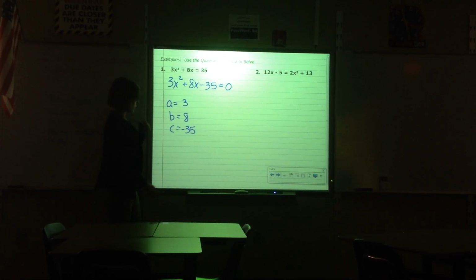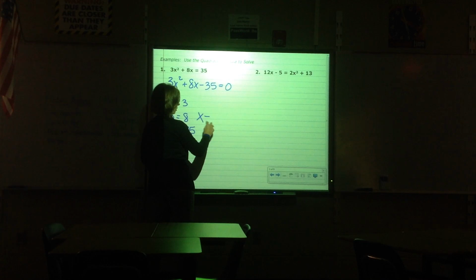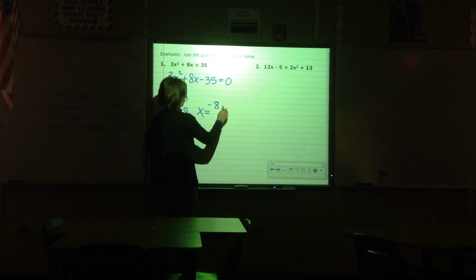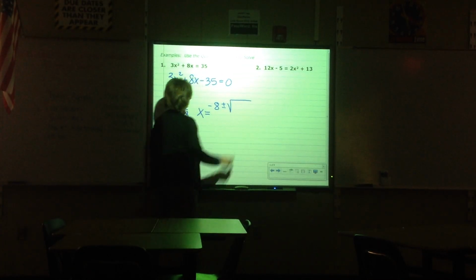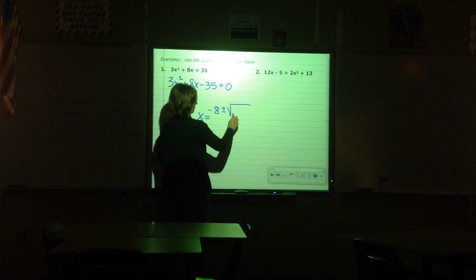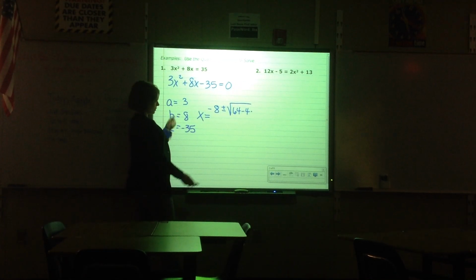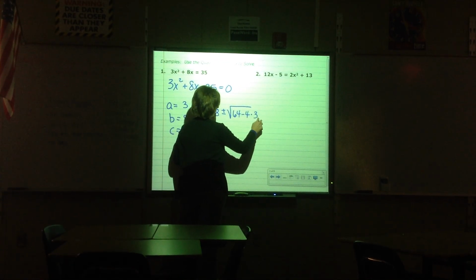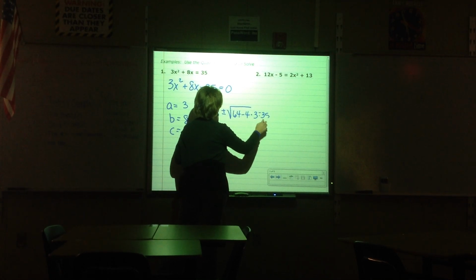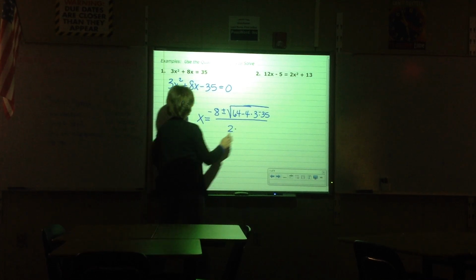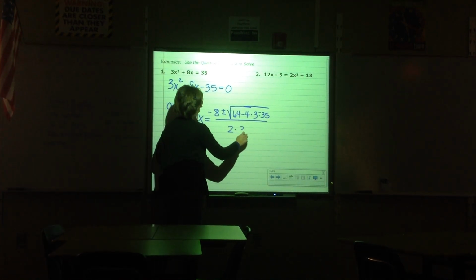So in our equation, x equals negative b, so it'll be negative 8, plus or minus the square root of b squared, 64, minus 4 times 3 times negative 35, all over 2 times 3.